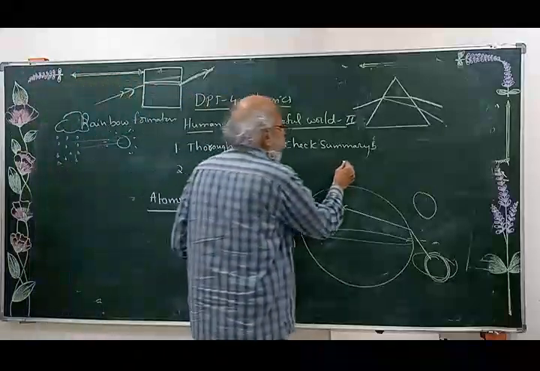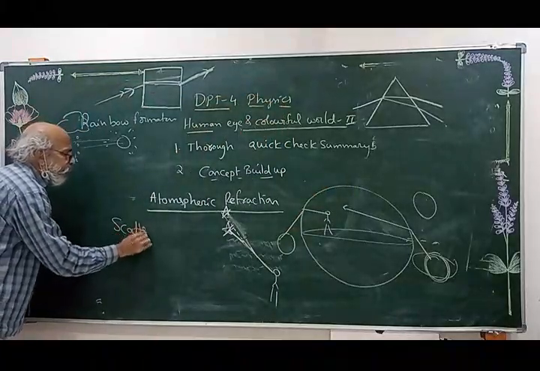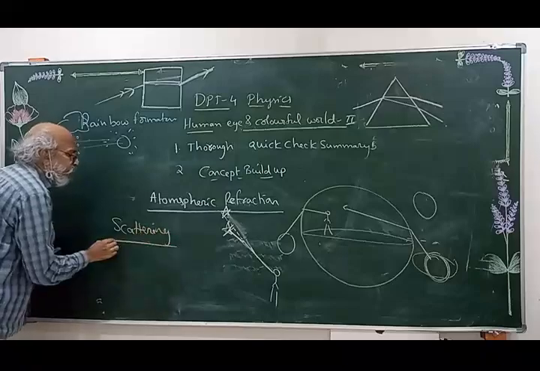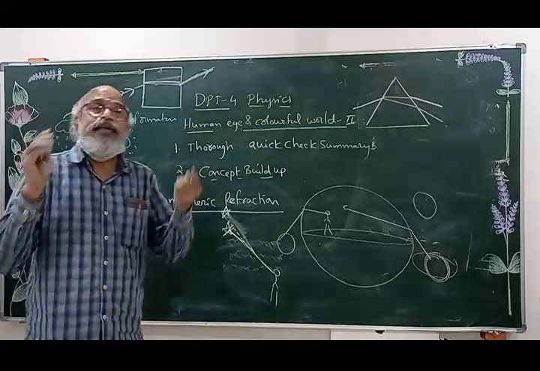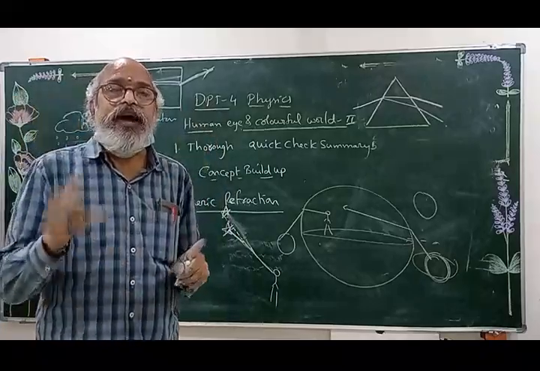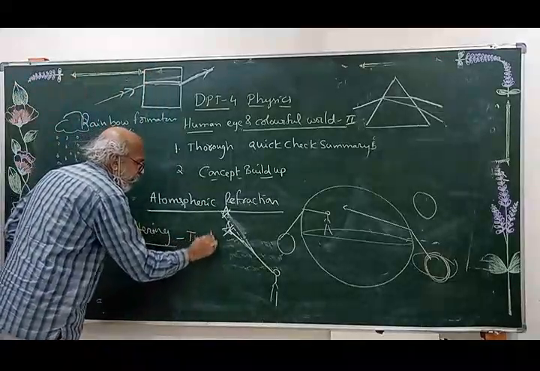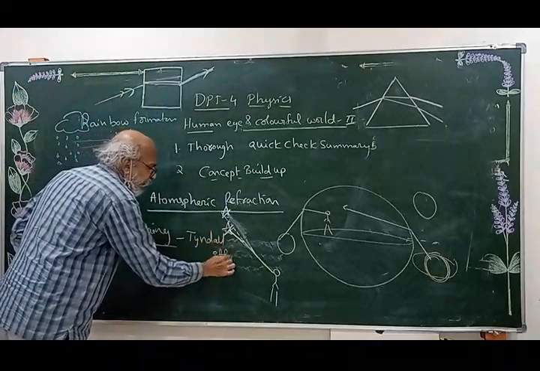And finally, scattering. What is meant by scattering should be carefully explained to each and every student. Scattering means when light interacts with atmospheric particles. Scattering and the Tyndall effect should be carefully emphasized.